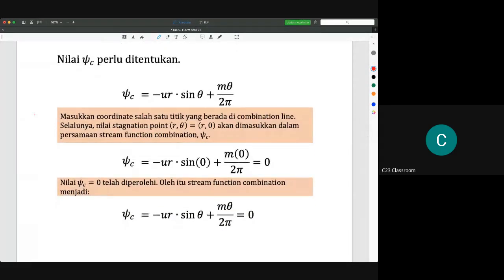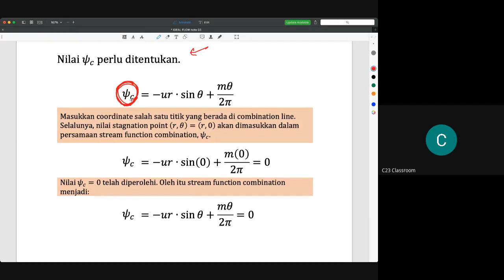This is another important step that you need to understand, because many students sometimes neglect or forget to do this step. We get psi combination equal to negative UR sine theta plus m theta over 2 pi. Here we need to determine the value of psi combination, because you cannot let psi combination equal 0 without any verification.